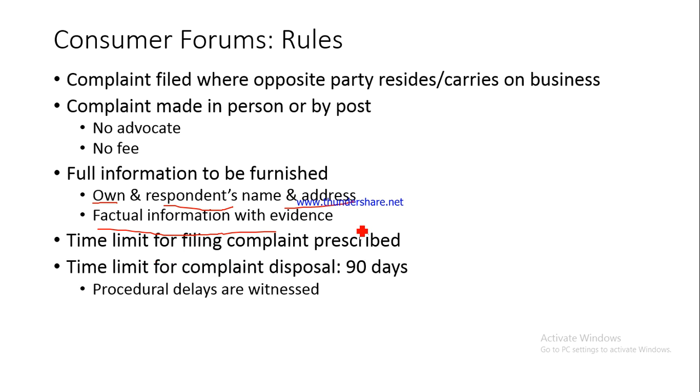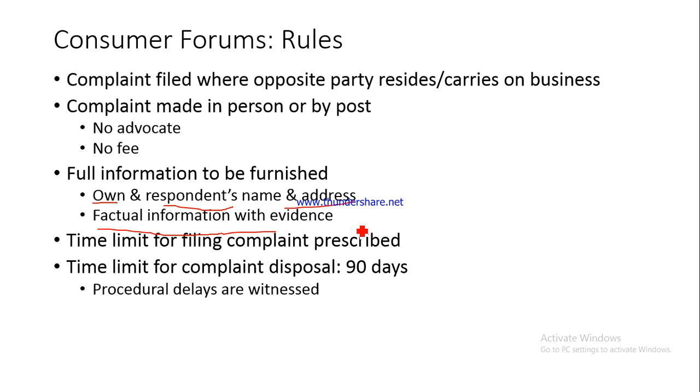Then the time limit for complaint disposal is also prescribed in the Act, and it is 90 days. In 3 months your complaint would be disposed of, which means some ruling would be given in your case. However, because of various procedural delays, many a time the parties don't turn up when they are ordered to come for a hearing.